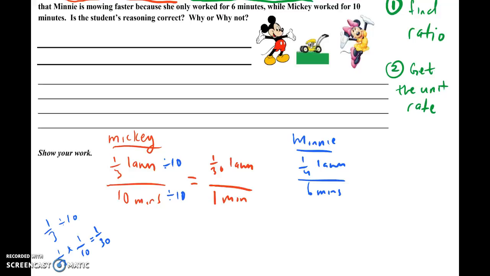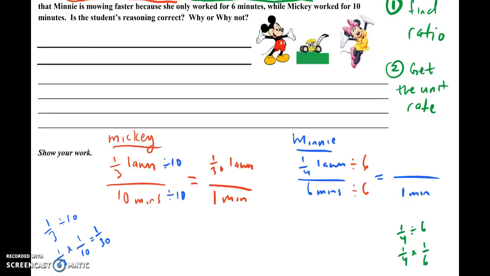So 1/4 of a lawn in 6 minutes, you have to divide the top and bottom by 6, and that's going to equal, on the bottom we're going to get 1 minute, and up top we're going to have 1/4 divided by 6. That's 1/4 times 1/6, which is 1/24.